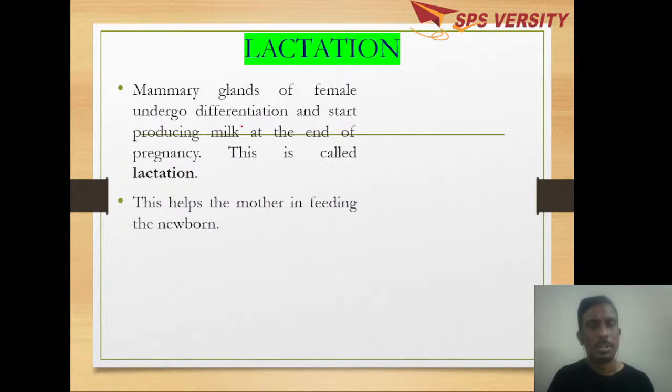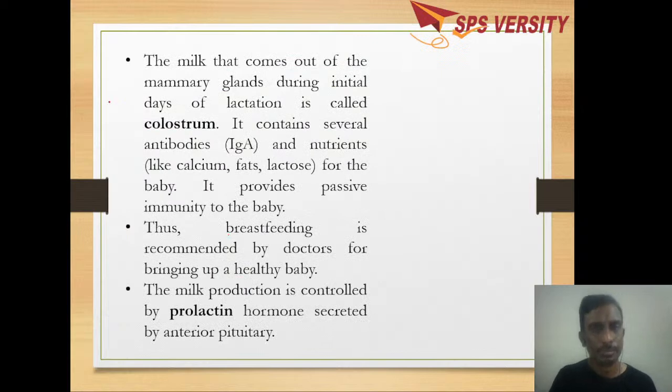After parturition, the next stage the female enters is lactation, that is the milk secretion stage, where mammary glands will undergo differentiation and start producing milk. And this milk is for feeding the newborn. The milk that comes initially is called colostrum, which is rich in antibodies.